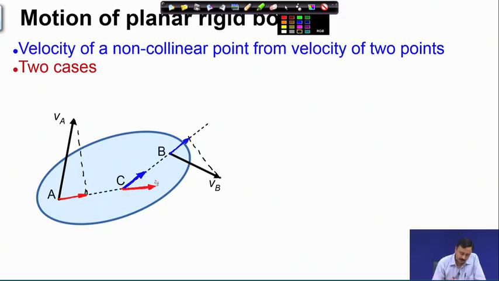So, since these are projection vectors, I must draw perpendiculars to these directions, and these two perpendiculars meet at this point. So, therefore, these are perpendiculars. So, therefore, the velocity of point C must be this.